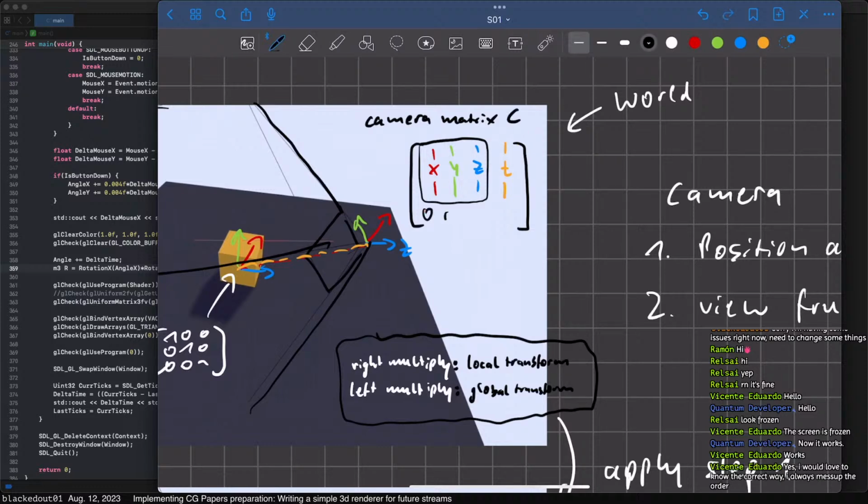And then we just fill this here with the zeros and the last one with a 1. And yeah, so that's what the camera matrix will look like. So the translation vector, where the camera is exactly located, is in this column, and the axes in which direction the camera is looking, so to speak, are in this first upper left 3x3 matrix.